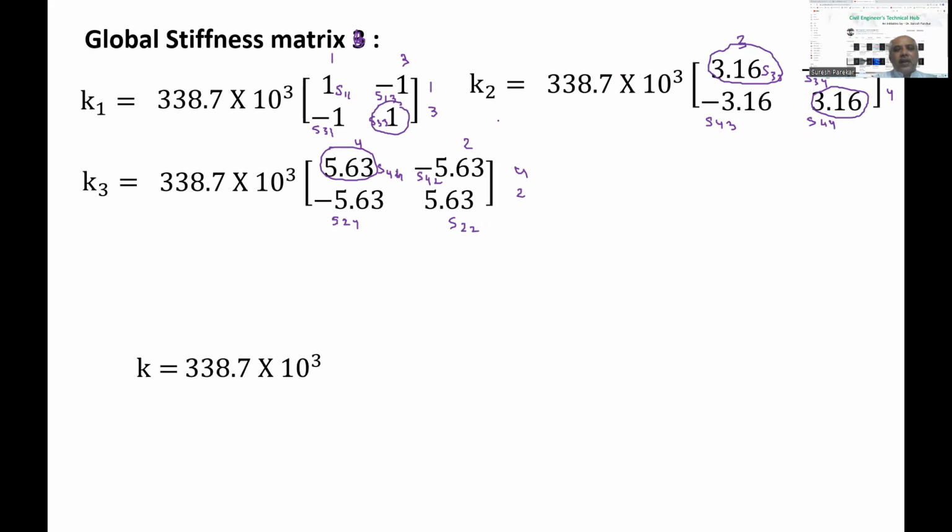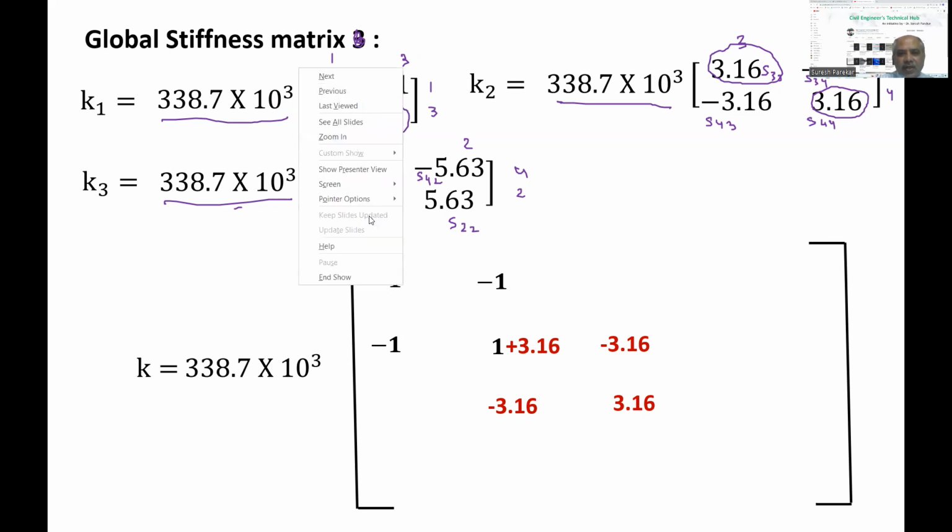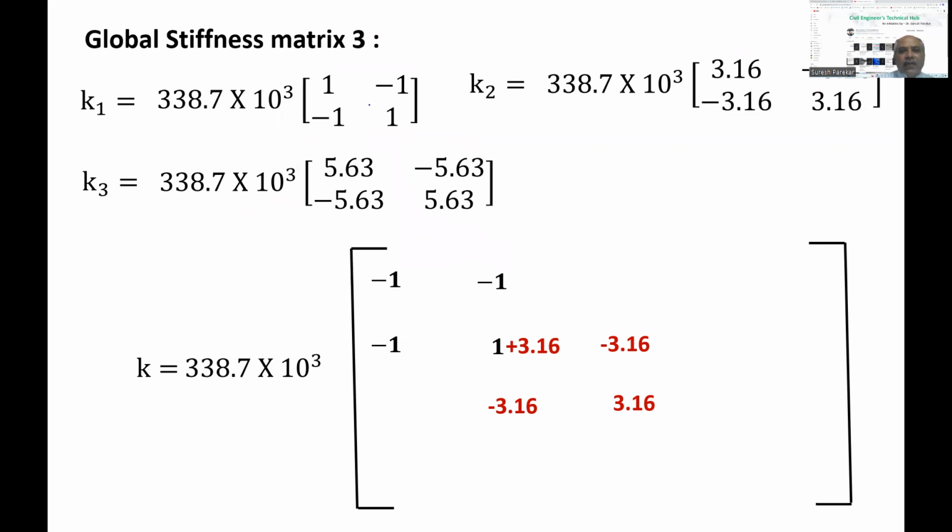For every element matrix, we have 338.7 into 10 raised to 3. And now if we see this, first that is K1, and in this we have K2. So you can see K1 we have over here, these values. I will just remove this ink, and then you can have K1: 1, minus 1, minus 1, 1.